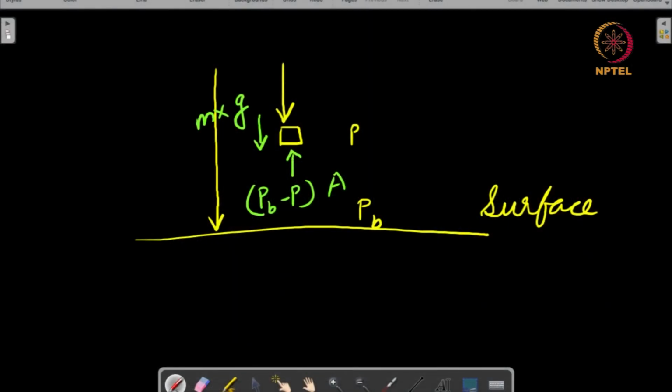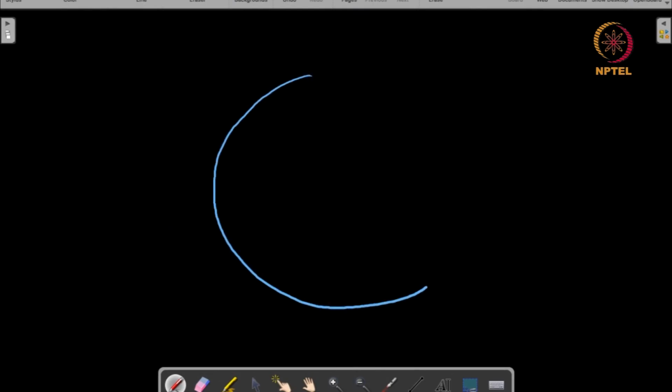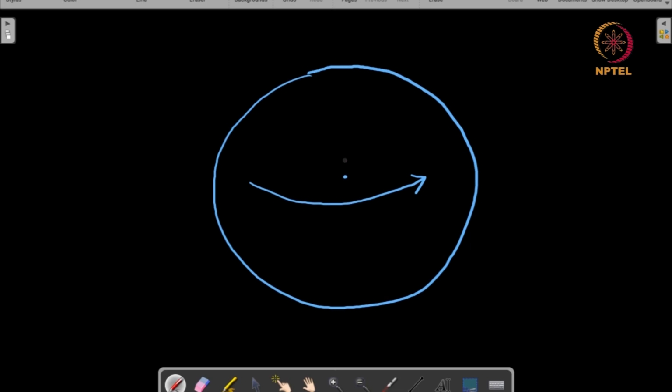Basically, what we are saying is that if we consider the Earth, now the Earth is rotating from west to east. So the Earth is rotating like this. Now, if we consider a point that has a parcel of air that is moving northwards, by the time it reaches here, the frame of reference itself has shifted.